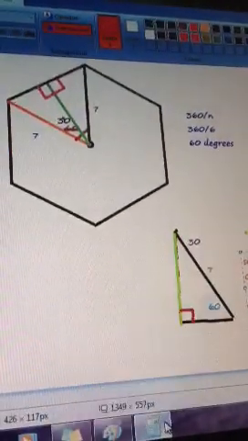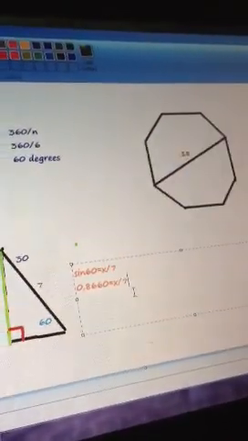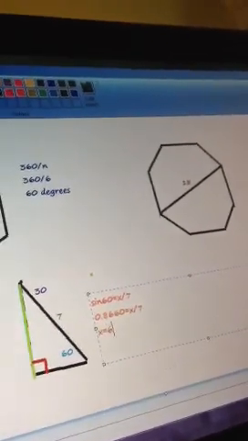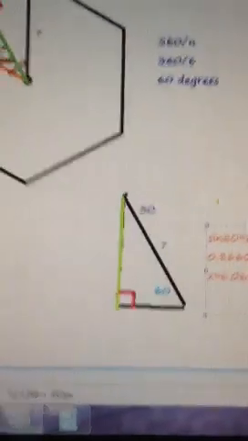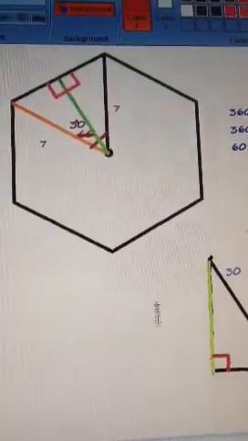So I'm going to do that. 7 times 0.8660 equals 6.062. So x equals 6.062. And so our x was our opposite.